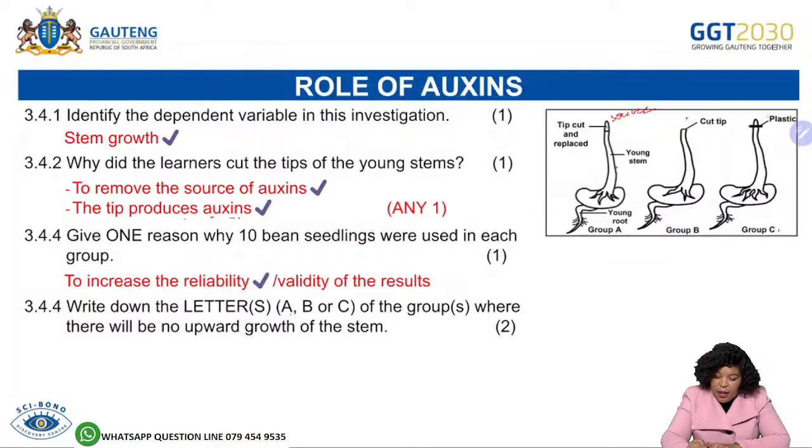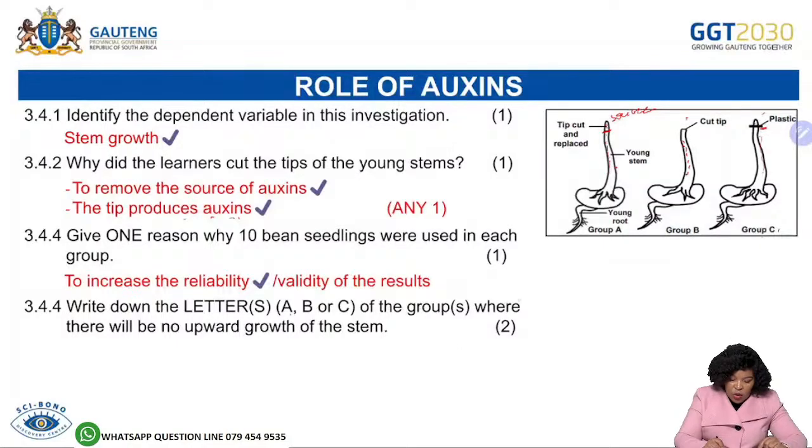In C, the source was removed, a plastic was placed, and the source was put back. Now here you see there is something that is stopping the source from getting to the stem. Here there is no source at all, so there is nothing that is going to move to the stem. Here the source is there and there is nothing inhibiting the flow of the auxins from the tip to the middle of the stem.